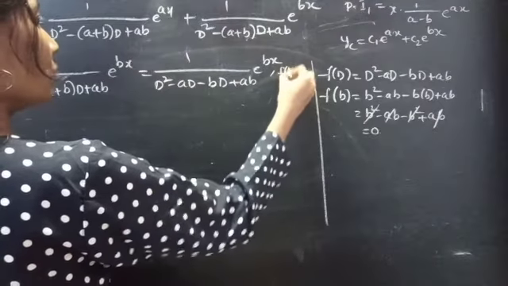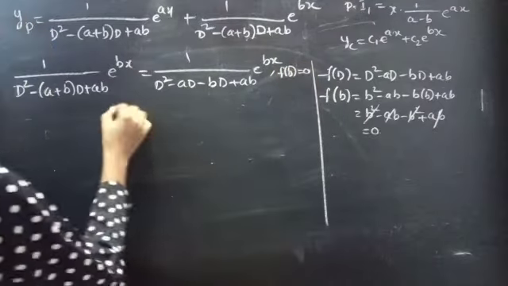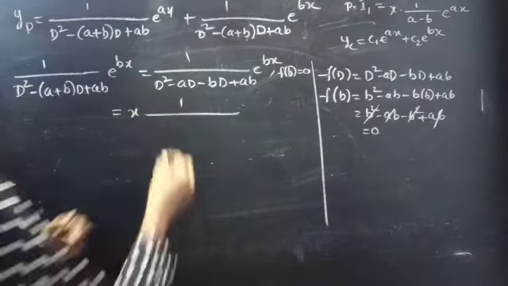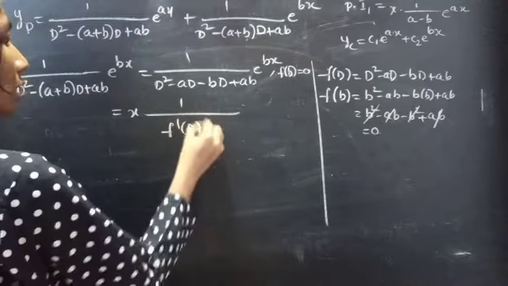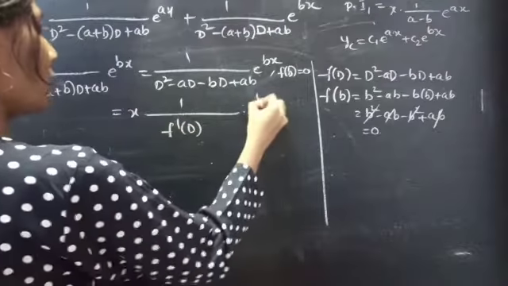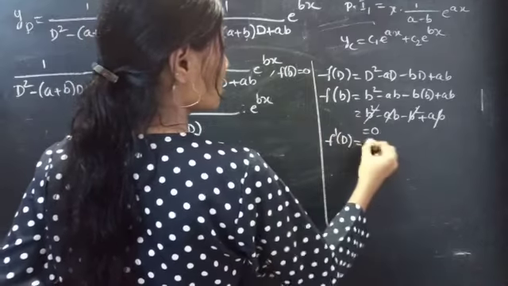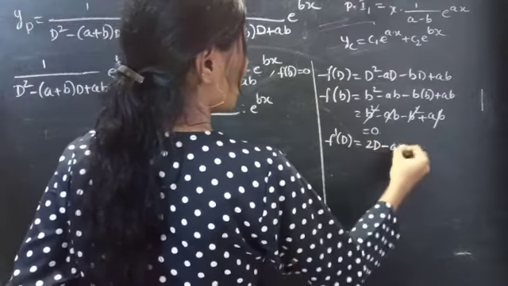Since f of b equals 0, we have to write x into 1 by f dash of d into e power bx. So let's find f dash of d equals 2d minus a minus b.